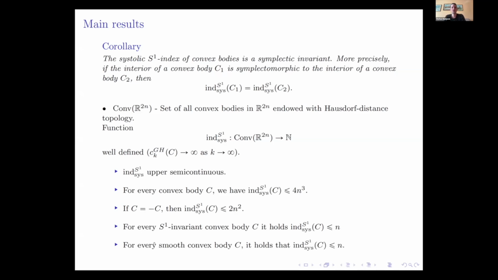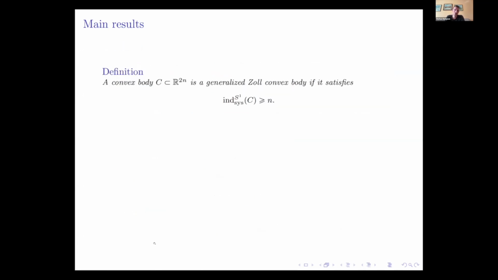Now, why this invariant is interesting is because it is related to the Zoll property in the smooth case. We define generalized Zoll convex bodies as the convex bodies which satisfy the inequality that the systolic S1-index is bigger or equal than n, so the Fadell-Rabinowitz index of the space of centralized systoles is bigger or equal than n.